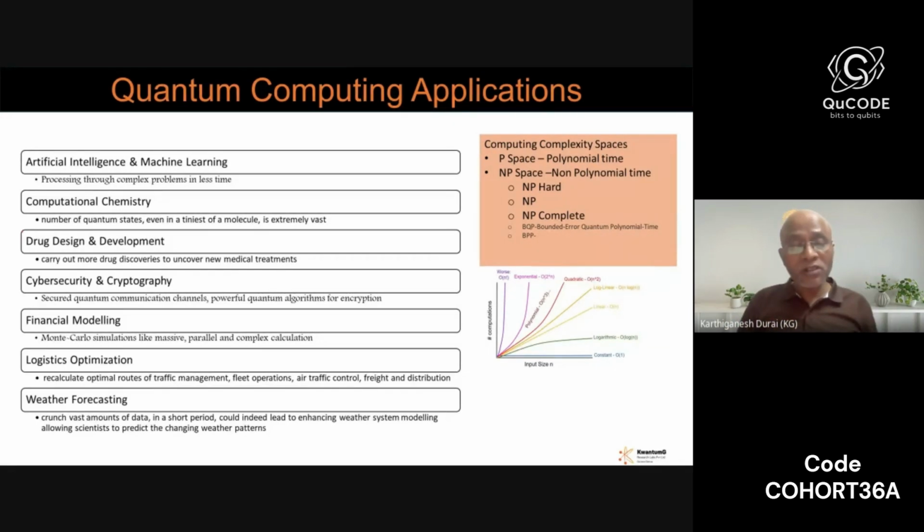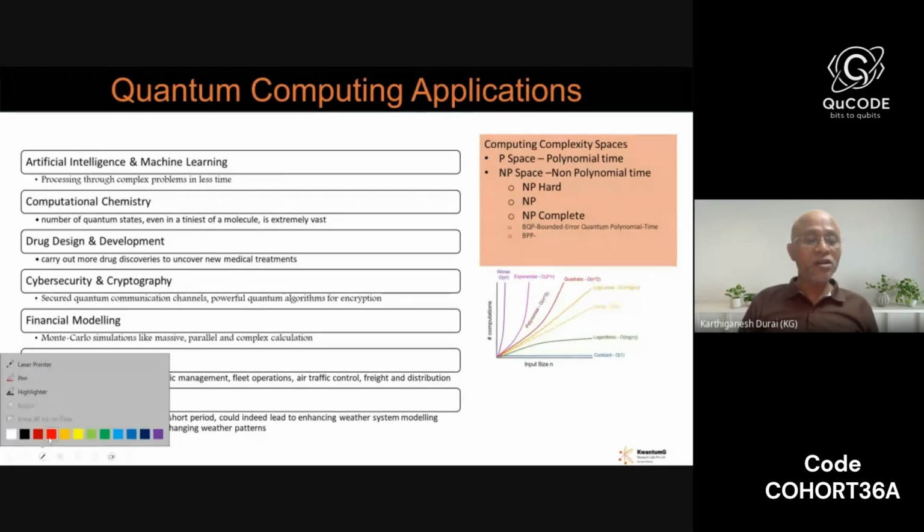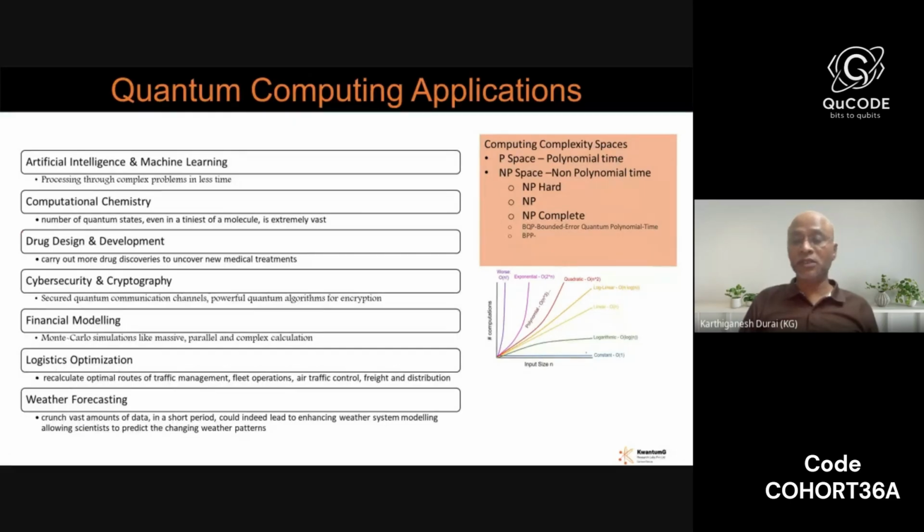And one important thing I would like to tell: quantum computers will not replace classical systems. It is always going to be CPU plus QPU, meaning a classical processing unit working in association with a quantum processing unit.